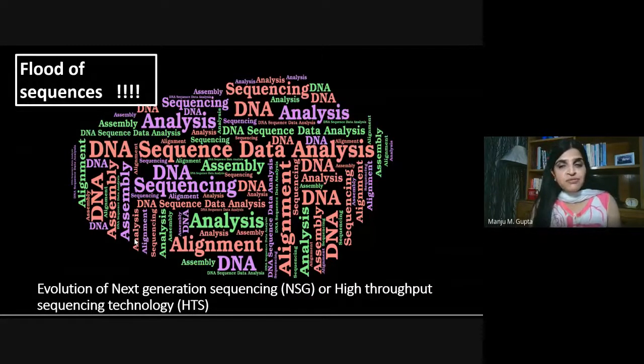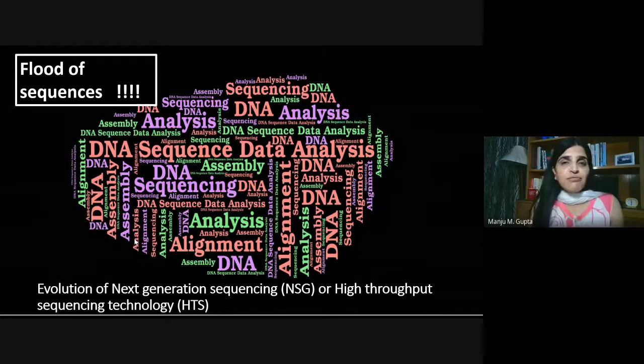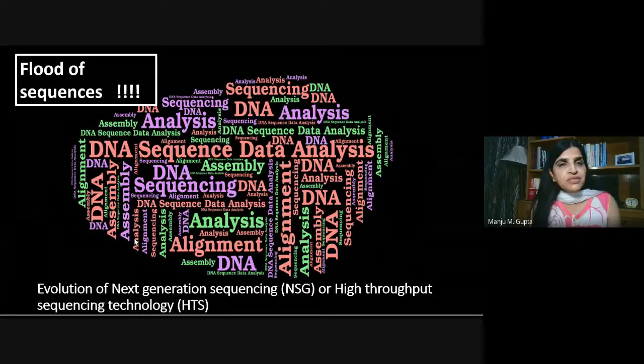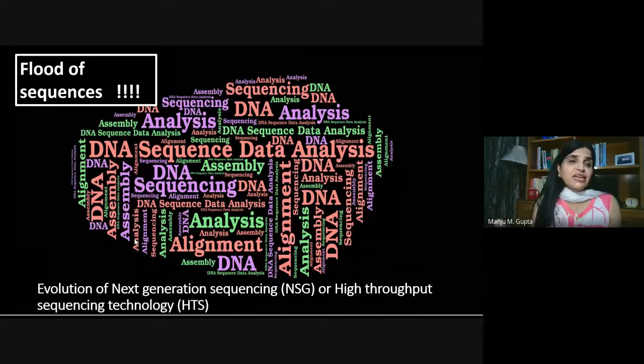And what happened with high throughput sequencing technologies? We had a flood of sequences. We really could not manage anything without computational programs, understanding where the error is and what the quality of the sequence is. If your sequence is wrong, it is going to lead to wrong results.